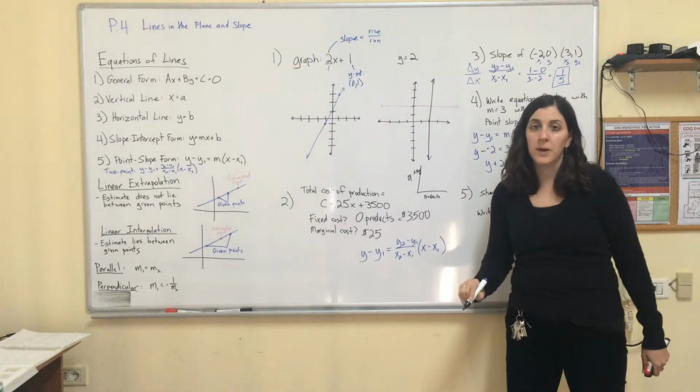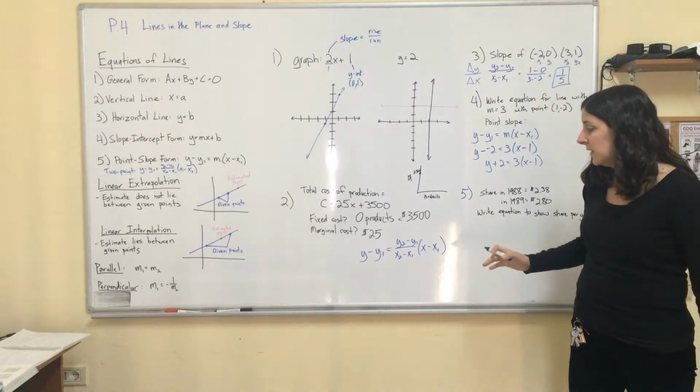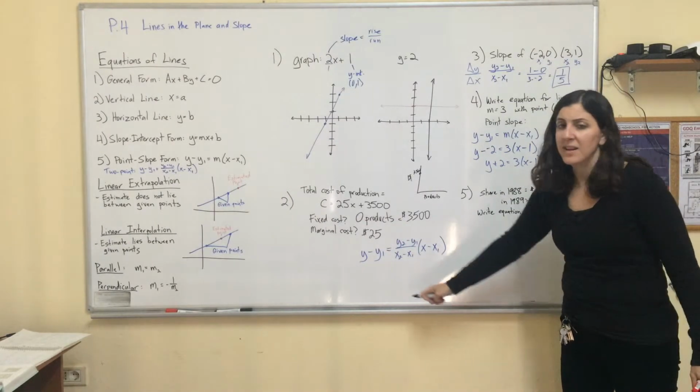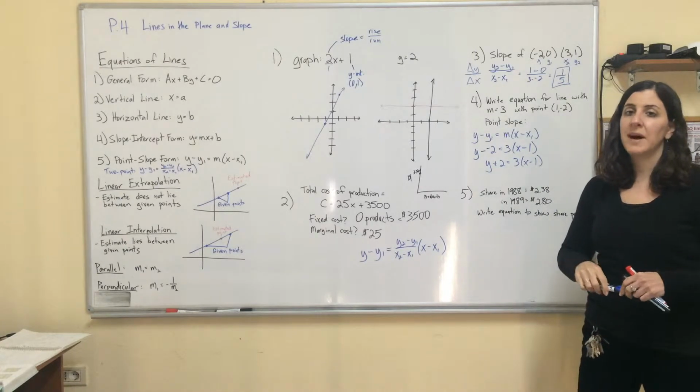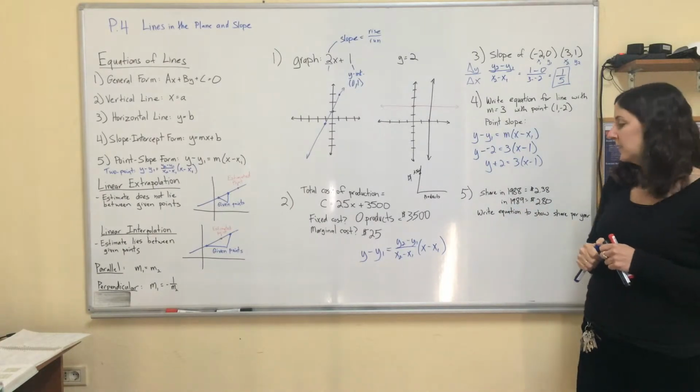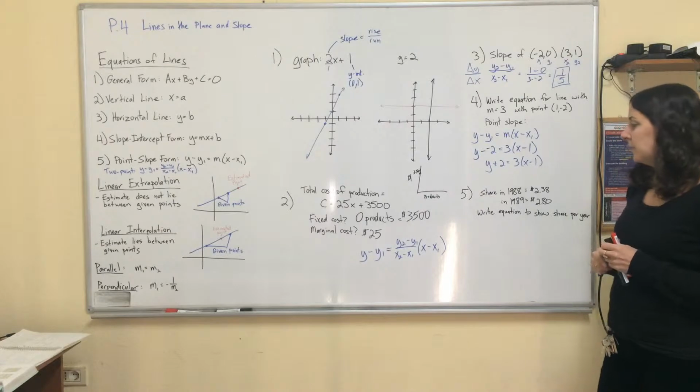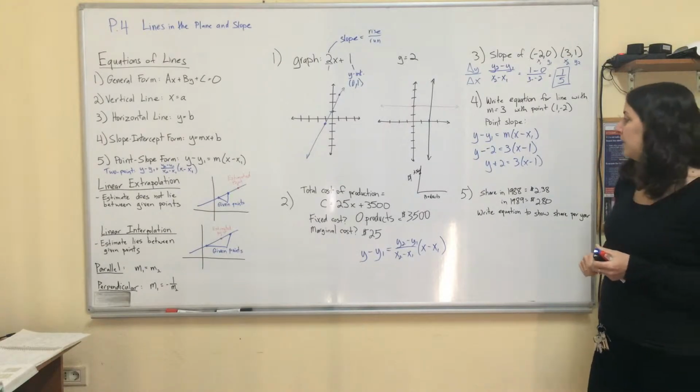So if they give you 2 points, instead of just 1, you can do this all at the same time. This saves you going back and plugging stuff in. So it is nice and helpful for something like that.